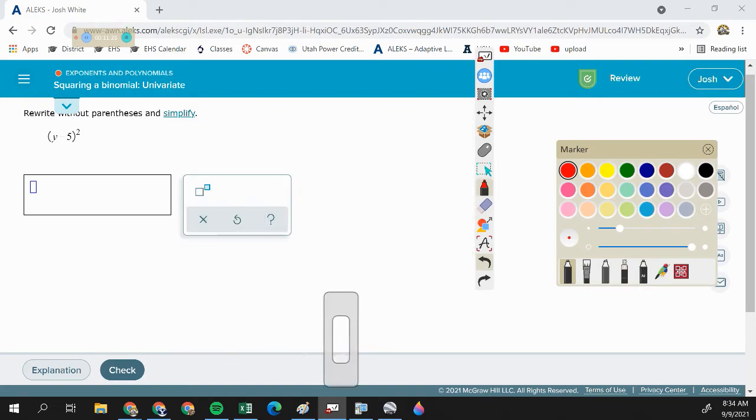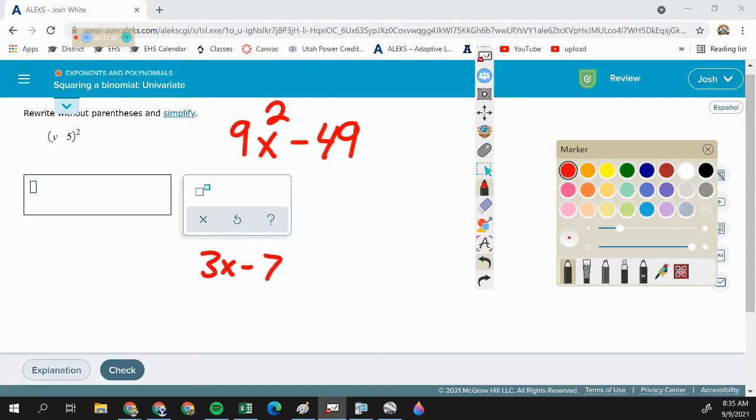Okay. What about how would that factor? So 3x minus 7 and 3x plus 7.